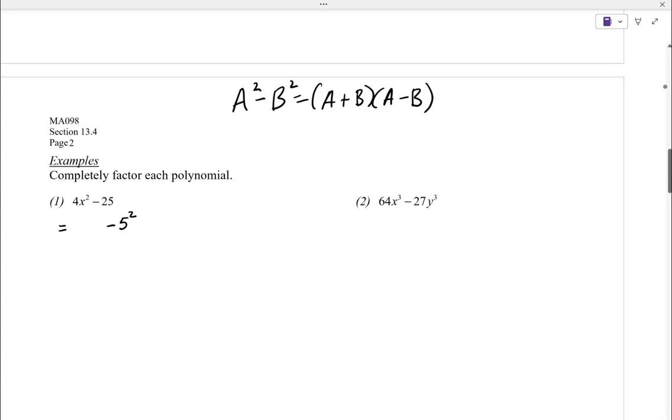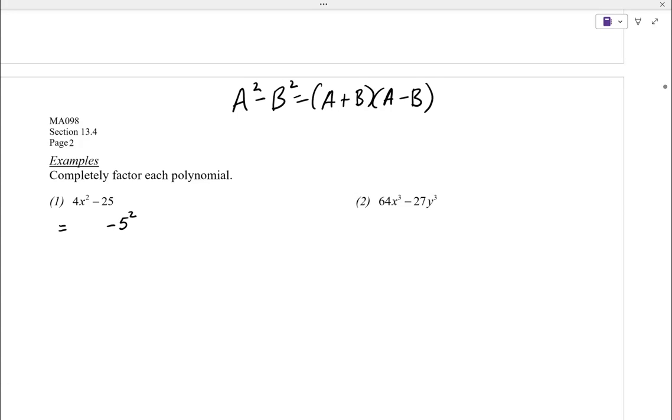I'm going to do the first term in a second, but looking at this, the way this is written, this is the minus piece. Looking at the formula, what do you think you're going to use for the b? What's been plugged in for b? 5, right? So that's going to be our b.